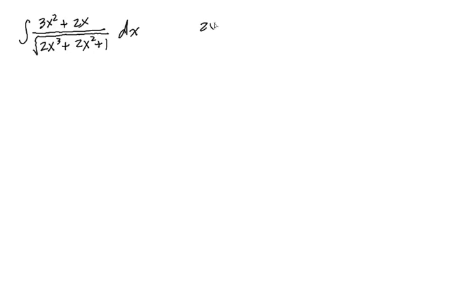From the denominator, if you differentiate this, you're going to get 6x squared plus 4x, and you should really recognize this 6x squared plus 4x actually is twice the numerator. Aha, so we are actually lucky.